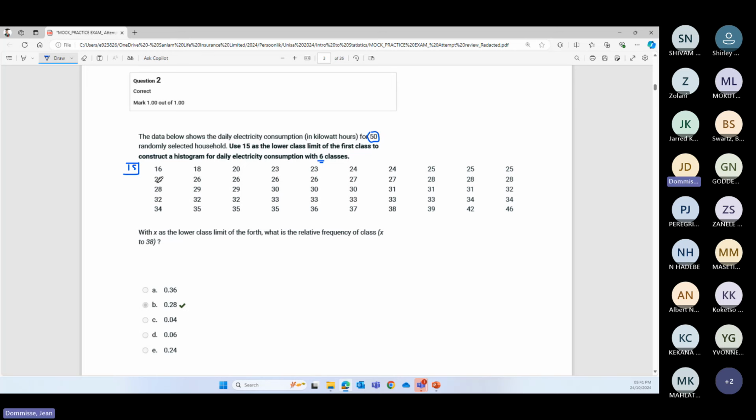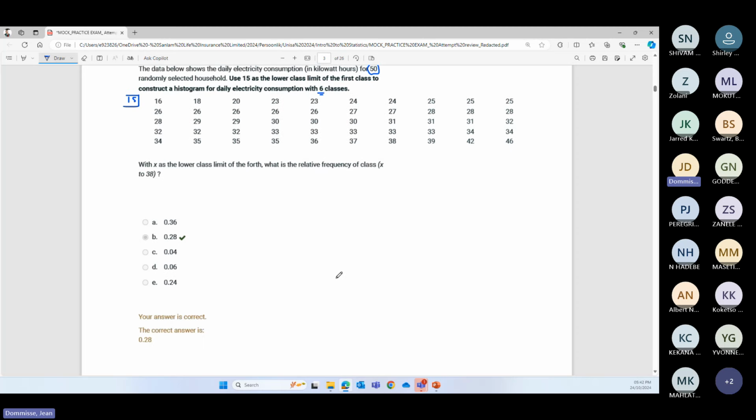Okay, so how would you have selected that? I would have said 46 minus 15, because they don't tell us, 46 minus 15 divided by 6. So I would have 5 in a class.